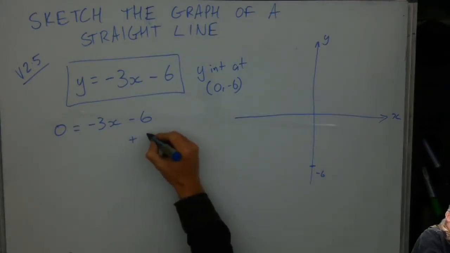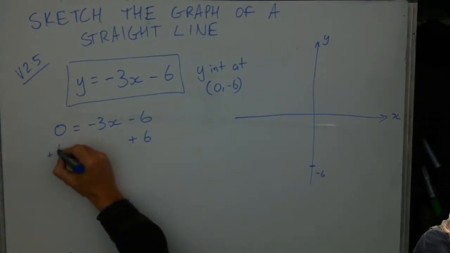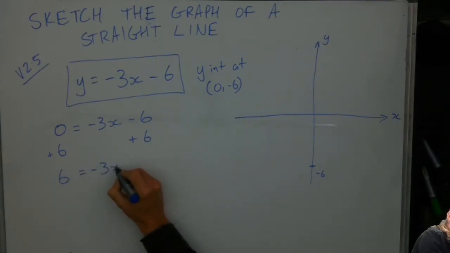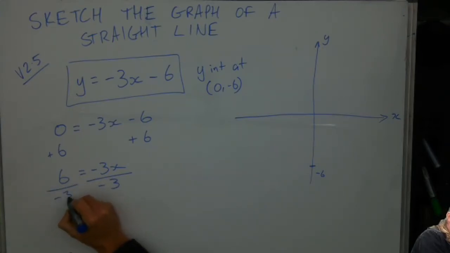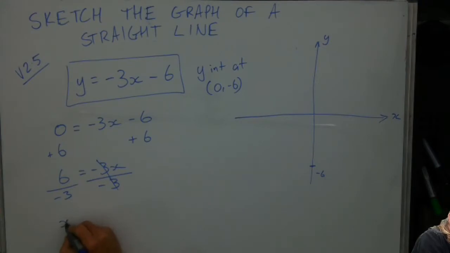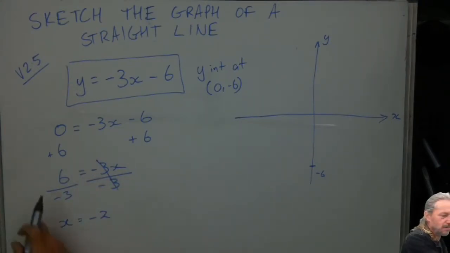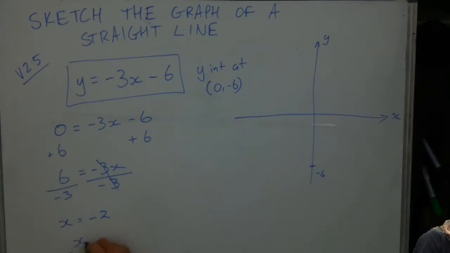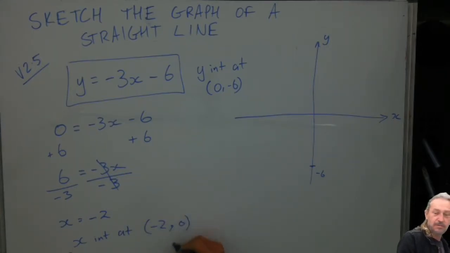So first add 6, so we get 6 equals -3x, and then divide by -3. So that cancels with that, and we get x equals 6 divided by 3 is 2, and a positive divided by a negative, -2, so the x-intercept at -2, 0.